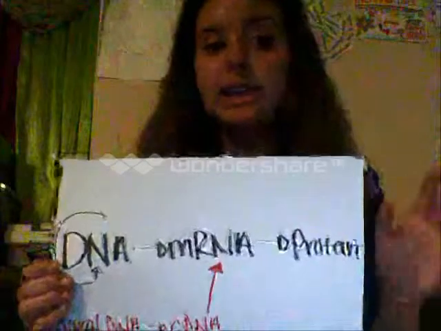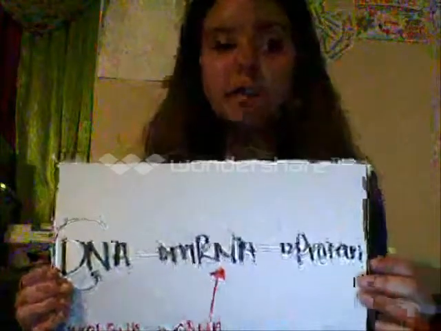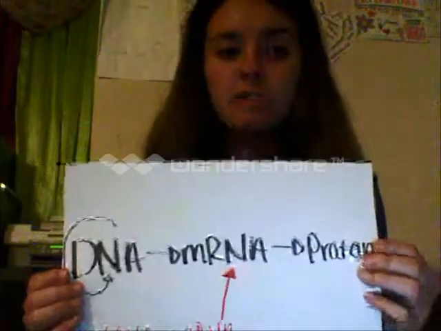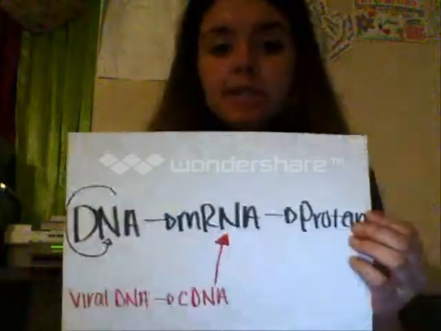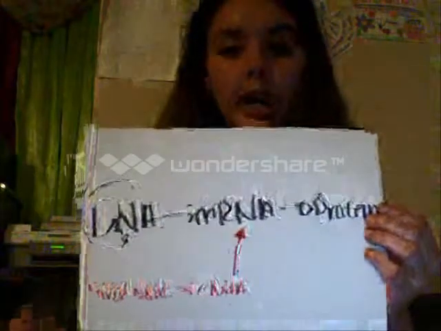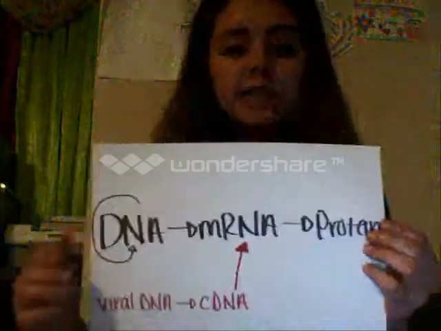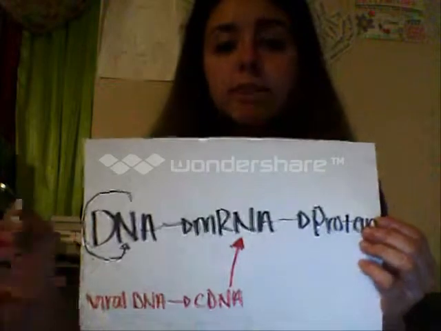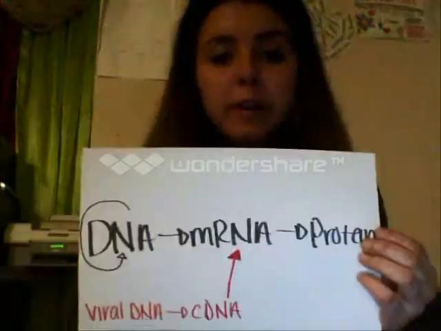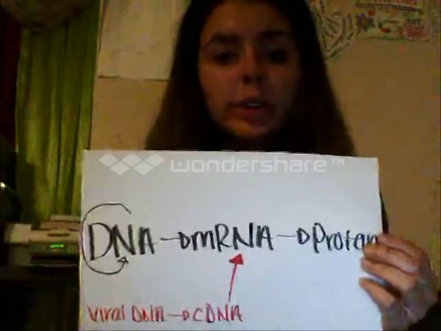So now let's take a look at how a virus is going to be inserting its RNA into the cell. The viral RNA serves as mRNA after the infection. The RNA of some viruses serves as a template to synthesize more RNA, and is used to produce proteins, and some of the replicated RNA is packaged into new viral particles.